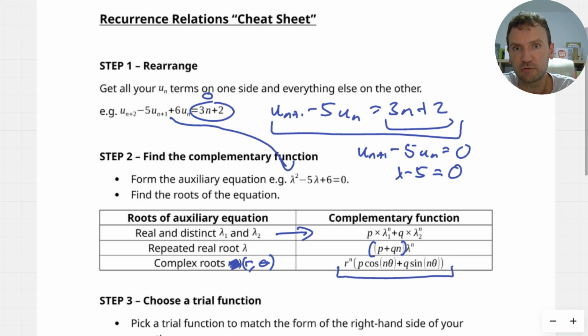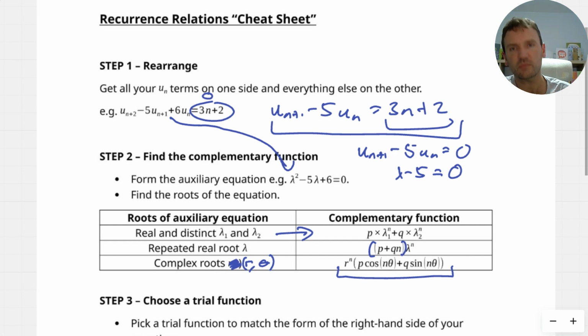If you have the complex roots just in the form of complex numbers, you can write it as p times lambda 1 to the n plus q times lambda 2 to the n, but it makes your life a little bit nasty. Because all our terms are going to be real, it's nicer to have this form and get them as real. So just to re-emphasize, get the modulus r and the argument theta, get it into that form, and it's much nicer to deal with.